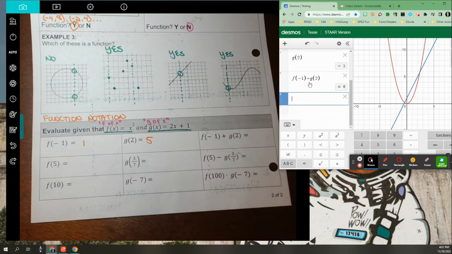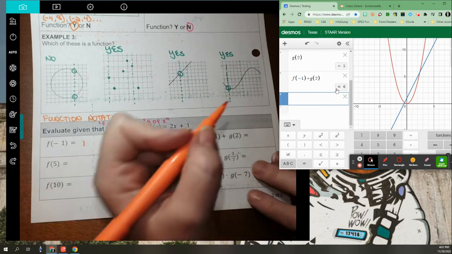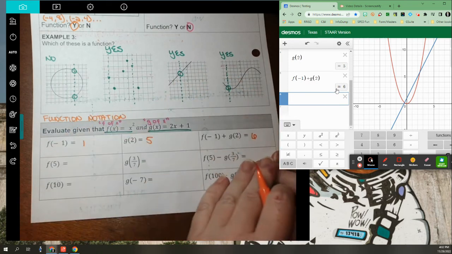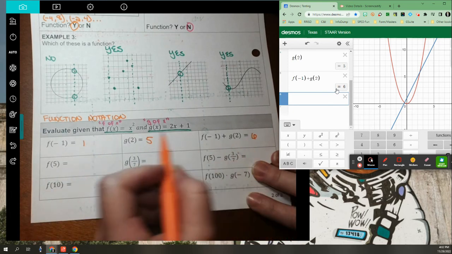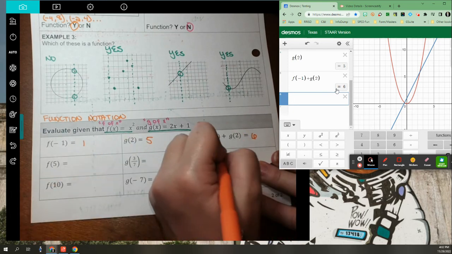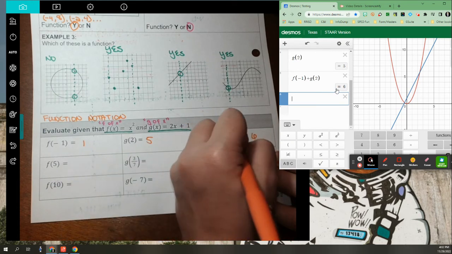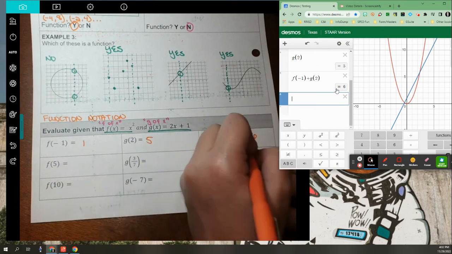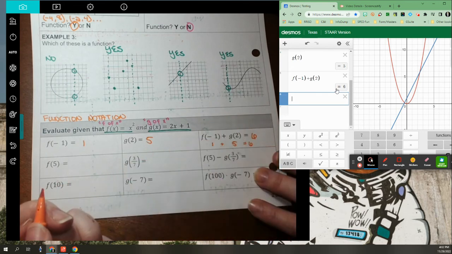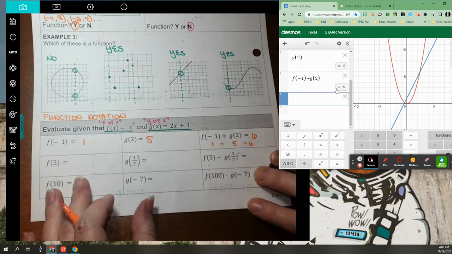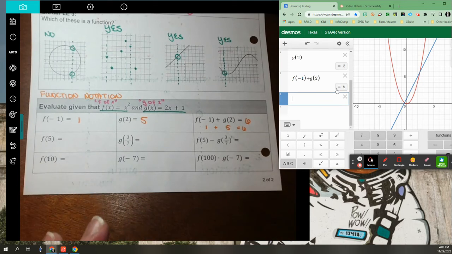So f of negative 1 plus g of 2 equals 6. And we can do a little bit of a sanity check on this one. I know that f of negative 1 is 1, right? And I know that g of 2 is 5. Well, what's 1 plus 5? Fascinating.